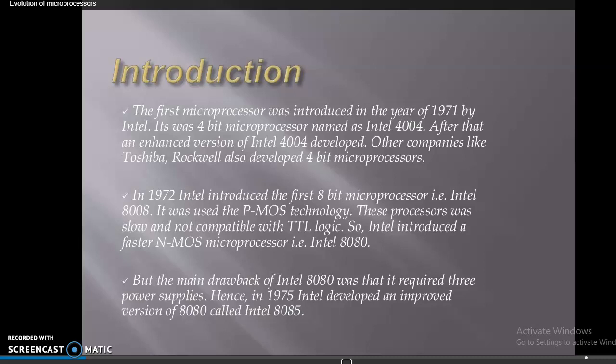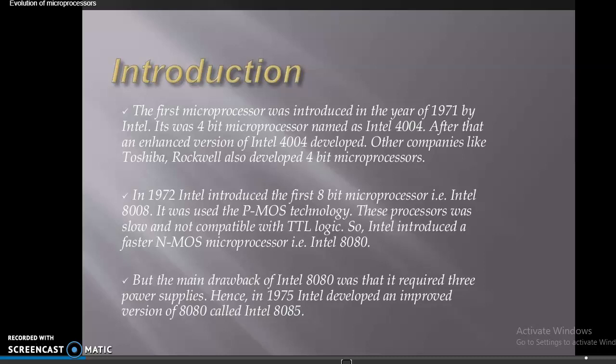Intel 8008 was the second introduced by Intel Corporation. It used PMOS technology. This processor was slow and not compatible with TTL logic. TTL logic means transistor-transistor logic. So Intel introduced a faster NMOS microprocessor, the 8080.